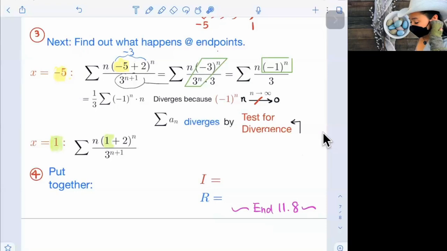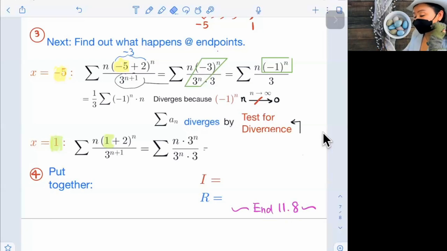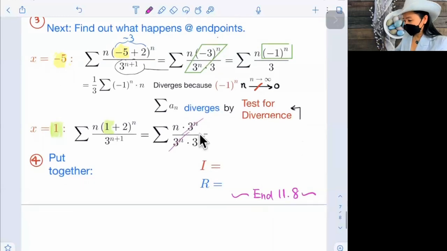So on top, you will get n times 3 to the n over 3 to the n times 3, right? You get this. And then what happened to this? Can you cancel these two? Yeah, these two cancel. So what's the result? Can we take the 1/3 in front?